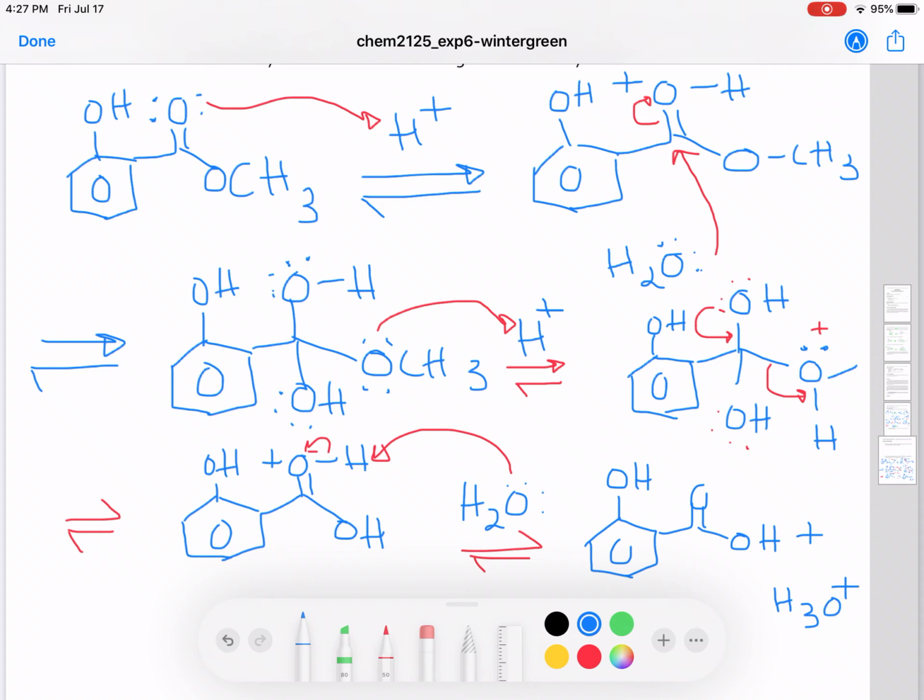So that is the hydrolysis of wintergreen oil to give you salicylic acid under acidic conditions.